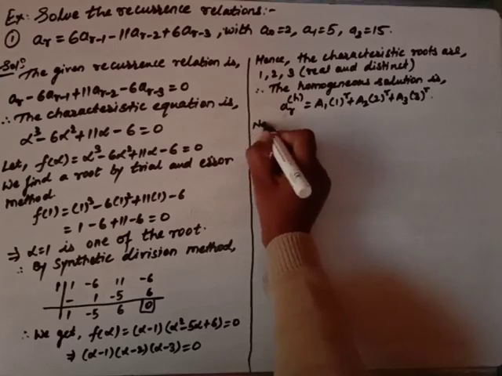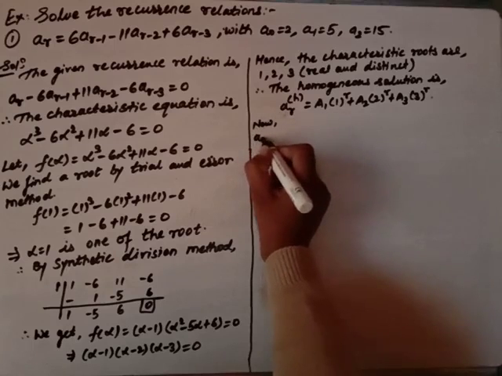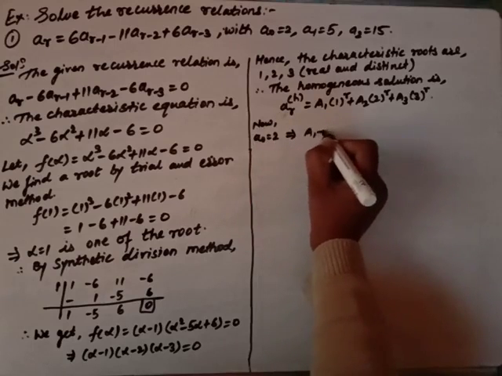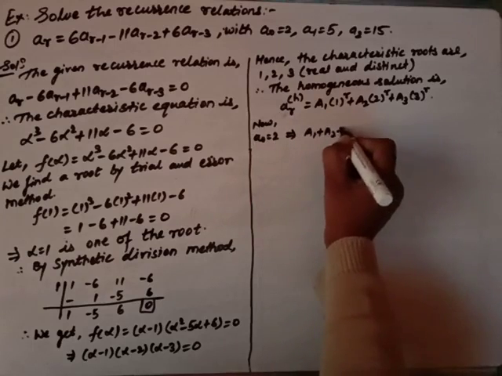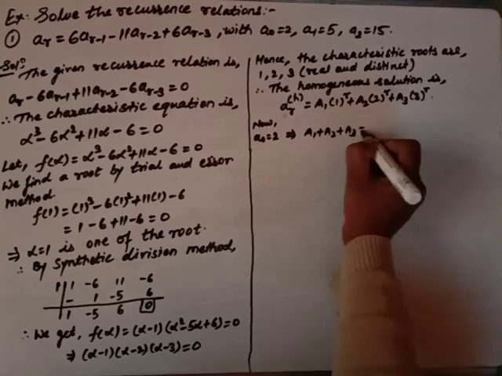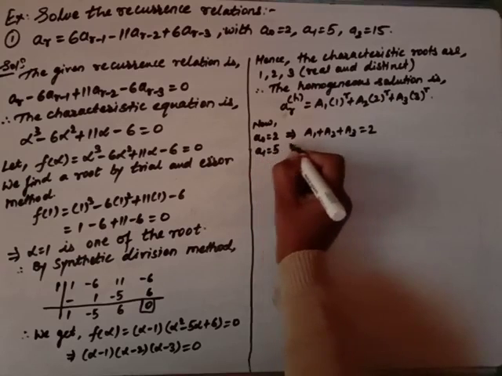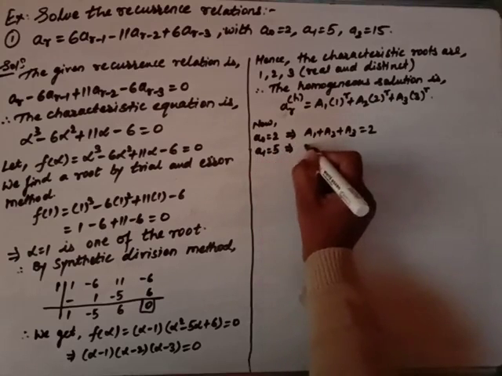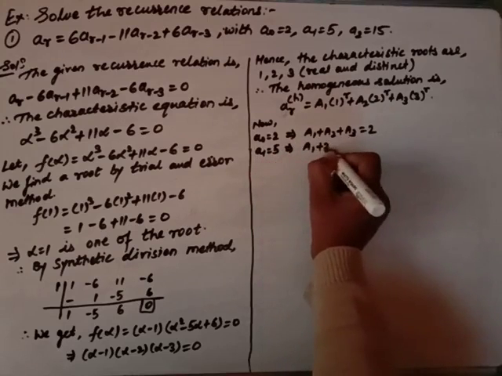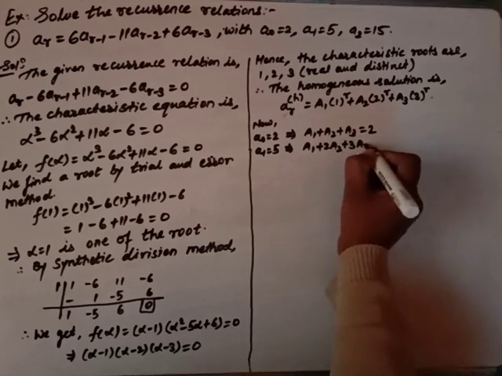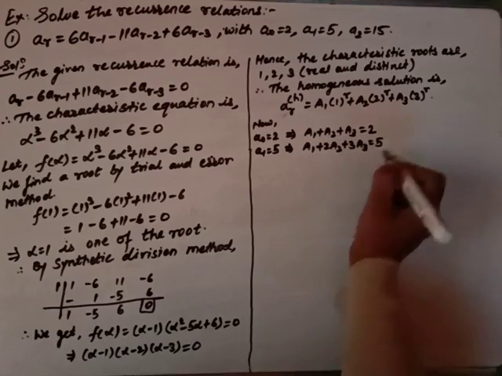So now a0 is equal to 2 gives us A1 plus A2 plus A3 is equal to 2. a1 is equal to 5, so that gives us A1 plus 2A2 plus 3A3 is equal to 5.